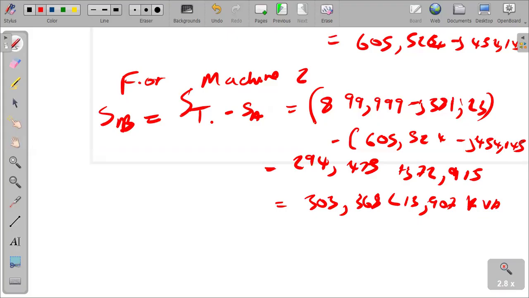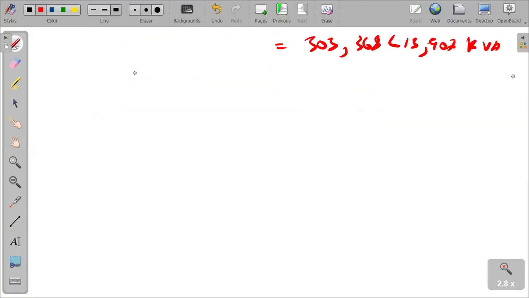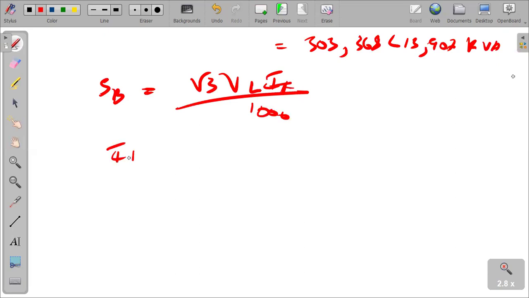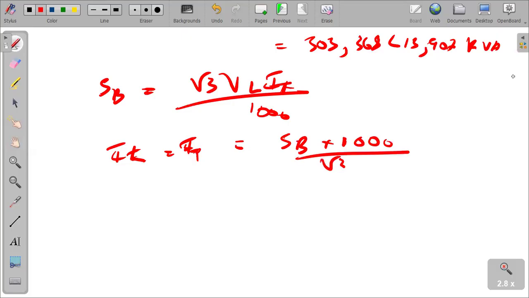Now that we have SB, it's possible to calculate the current of that SB. SB is equal to root 3 multiplied by VL IL over 1,000. So making IL the subject, IL, which is also equal to IP, is equal to SB times 1,000 divided by root 3 multiplied by VL.